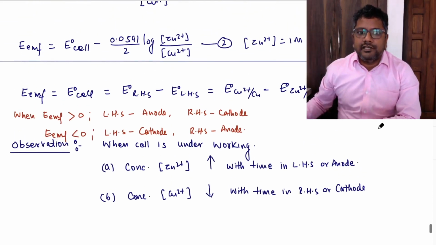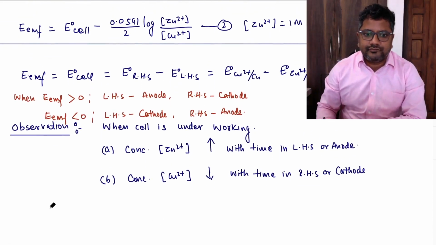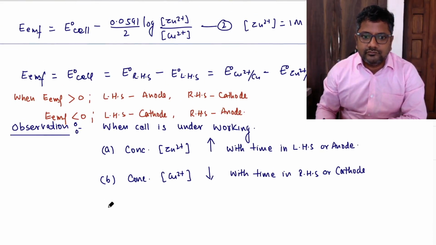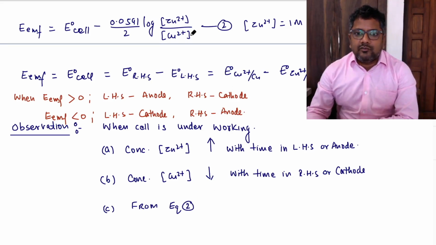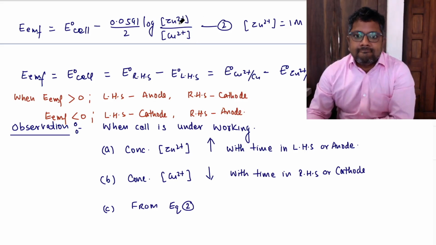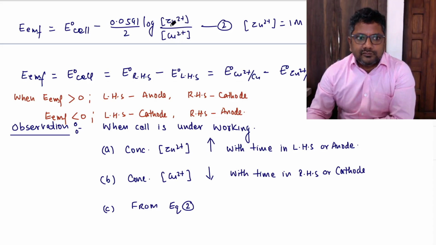So now see from equation 2, what you can write here: if Zn2 plus is increasing and copper 2 plus is decreasing, so this Q value is increasing. Q value is increasing, greater than 1.